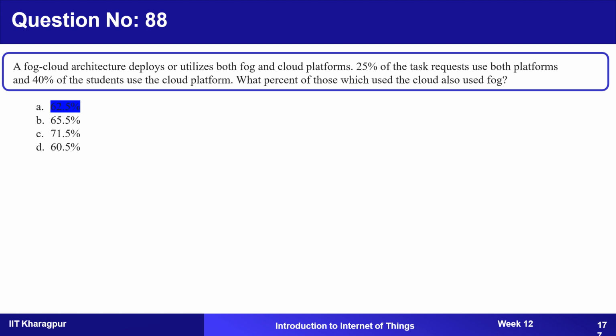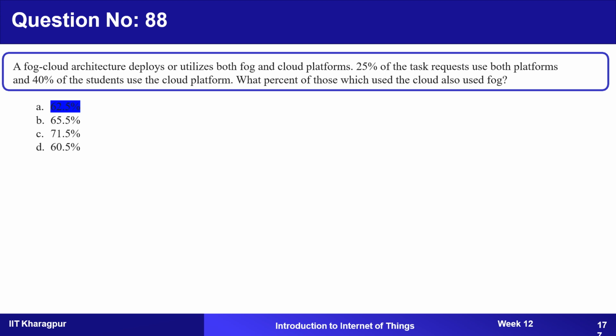See, first of all you have to assume the total population as X, and after that you have to calculate. Just by using the percentage number you cannot calculate the value. What the question says is the fog cloud architecture utilizes both fog and cloud platforms. 25% of the task requests use both platforms, and 40% use the cloud platform.